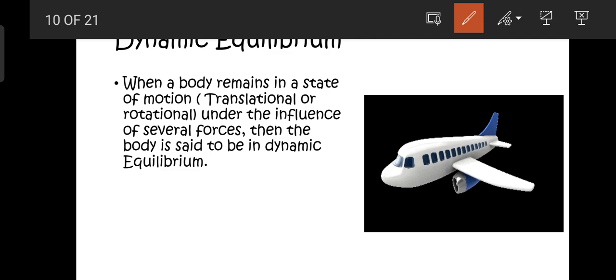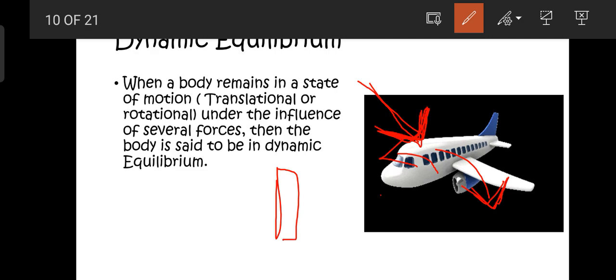See, if this is a plane and a strong wind is coming from here, the plane will tilt this side, so the pilot will also apply force on the plane this side to keep it stable.